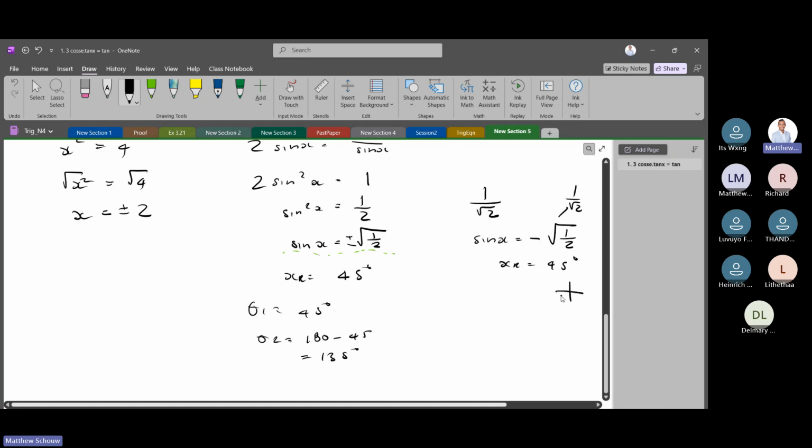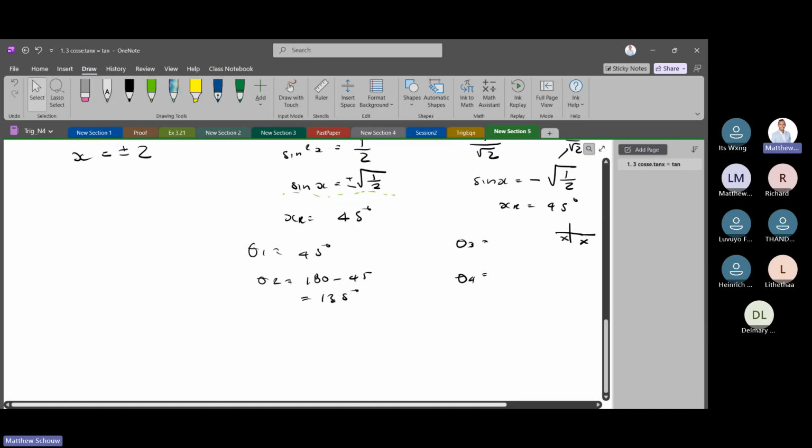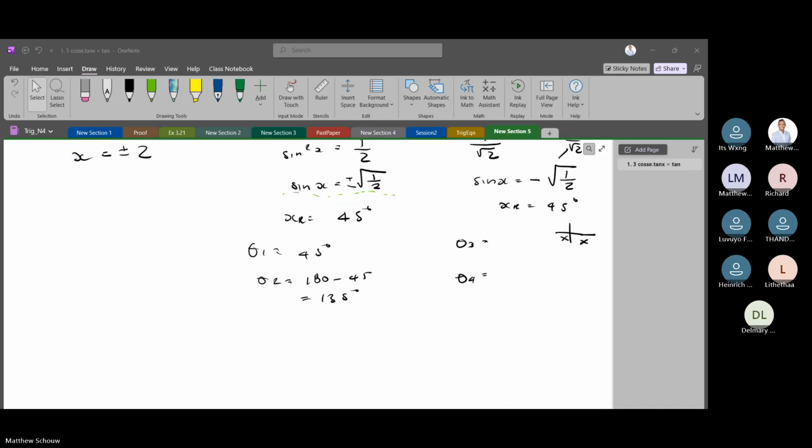So it's negative over here and negative over there. Is everyone happy with this? If not, please say something. And can I get that theta 3 and theta 4, please? Should be easy to do. I mean, you can work it out in your brain, really.